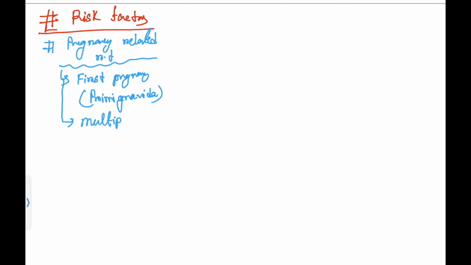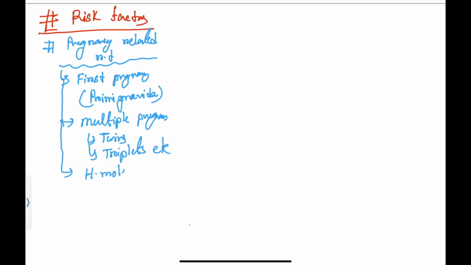Now multiple pregnancy, like twins, triplets, etc. So multiple pregnancy also can be a risk factor. Then H mole, hydatidiform mole, that means gestational trophoblastic hyperplasia, another name.